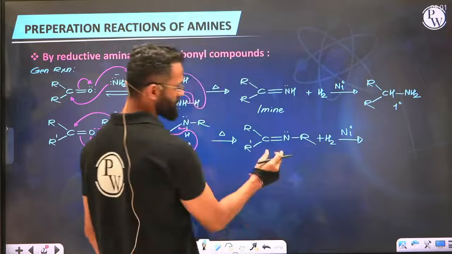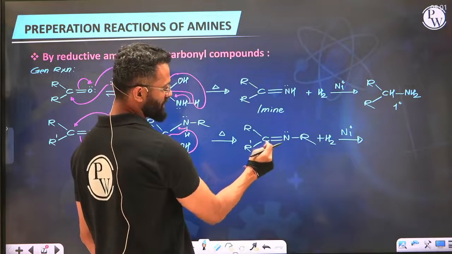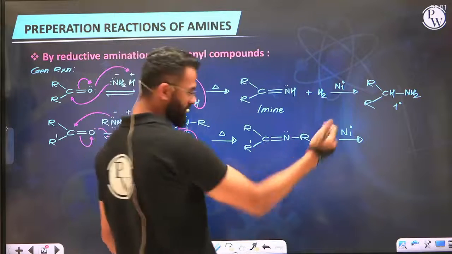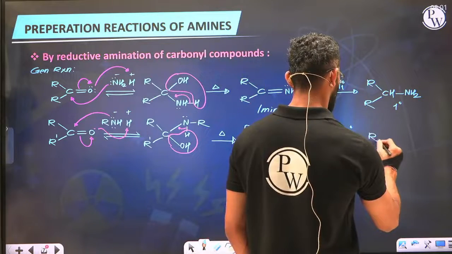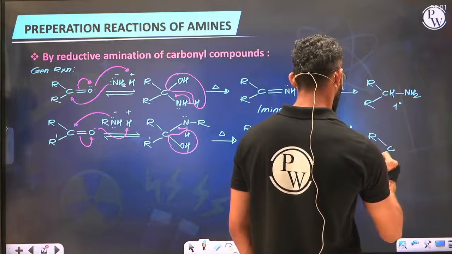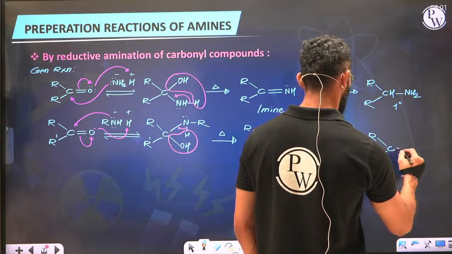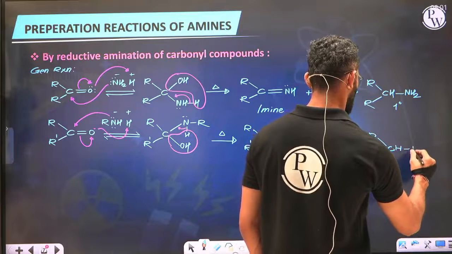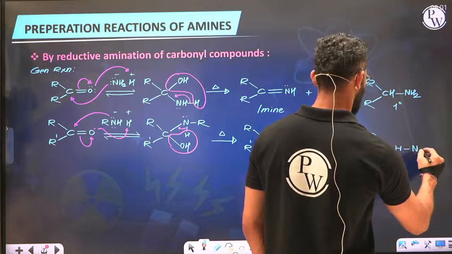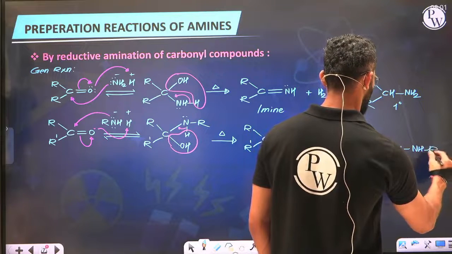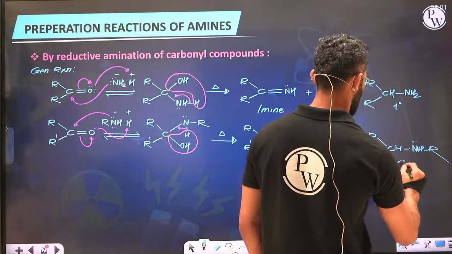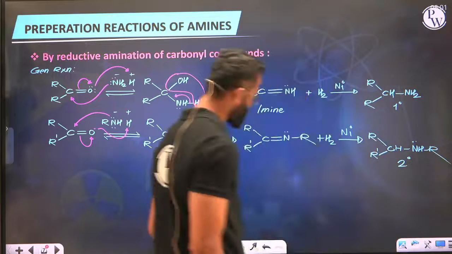So these two H's, if you add across the carbon nitrogen double bond, you will get CH single bond NHR, resulting in the formation of secondary amine, CH NHR. So the product obtained is secondary amine.